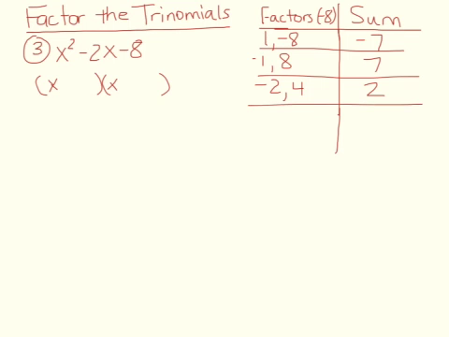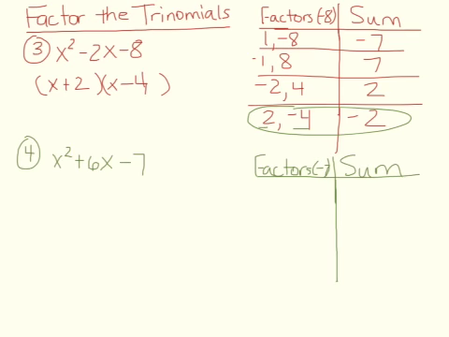So if I just switch it around, positive 2 times negative 4 is also negative 8, and that sum is negative 2. So this is the one that we want. So the factors of negative 8 are positive 2 and negative 4. And when I add that together, I'll get my middle term, which is negative 2. So it's x plus 2 and x minus 4, or x plus negative 4.